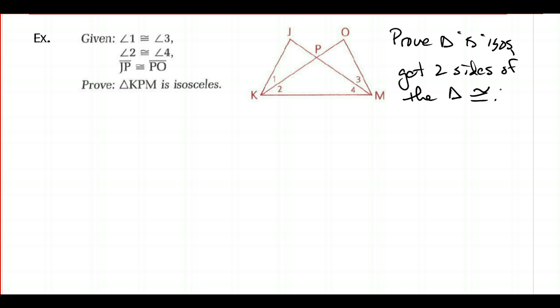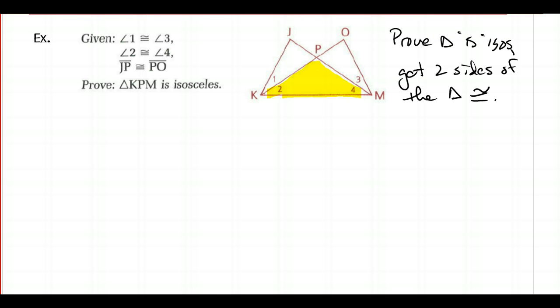Okay, so if I'm looking at this triangle in the center here, this is the one I want to prove is isosceles, triangle KPM, then I've got to get KP congruent to MP. So that's what we're going to work on in this proof.